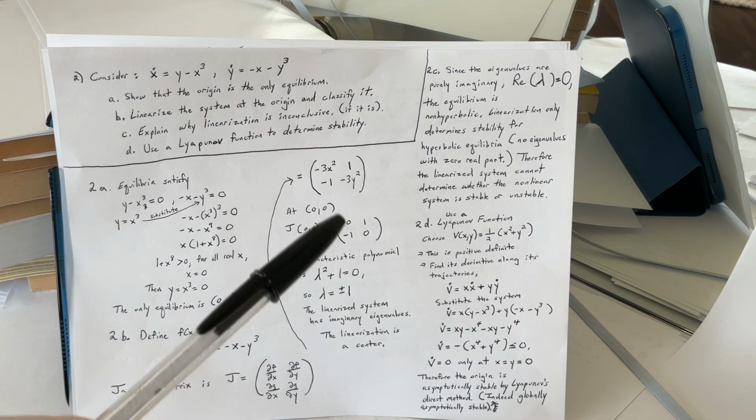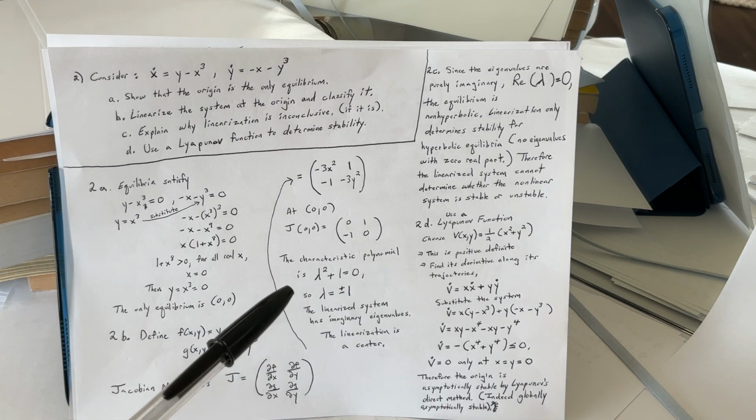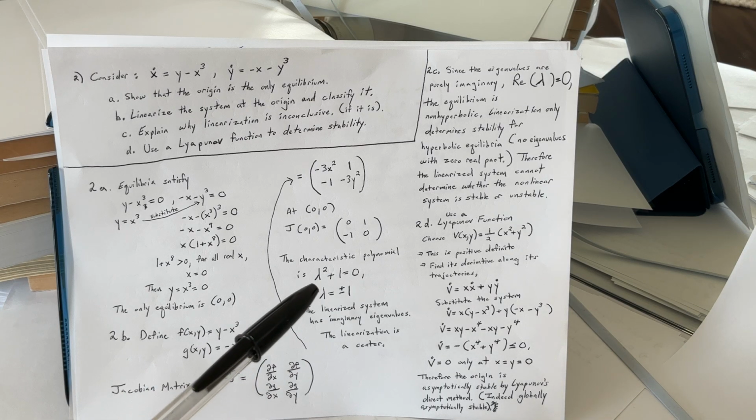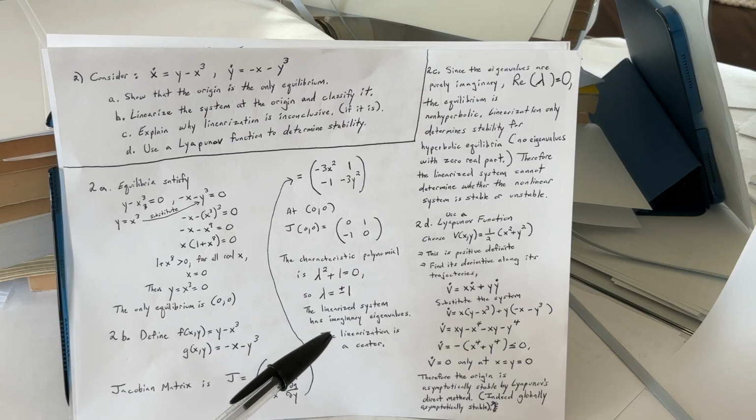At (0, 0), plug these in. We get [0, 1; -1, 0]. Now in this situation, the characteristic polynomial is lambda squared plus 1 equals 0, so we get lambda equals plus or minus i. This is important to recognize: the linearized system has imaginary eigenvalues. That being said, the linearization is a center.